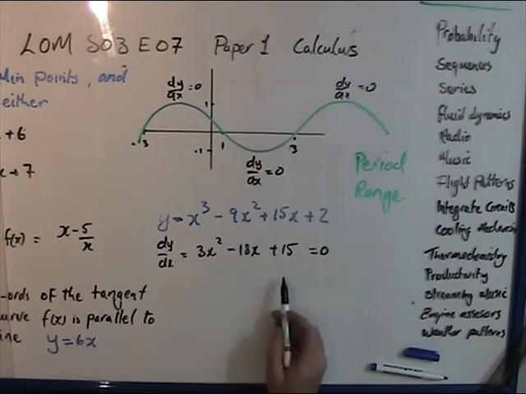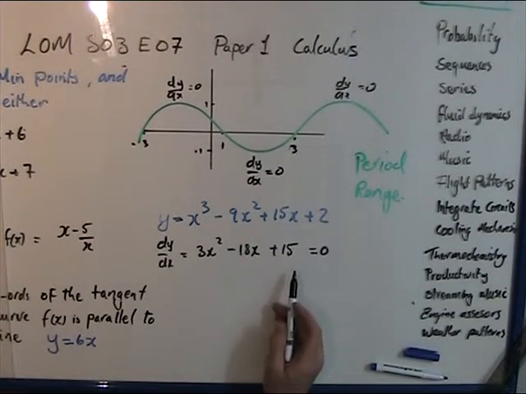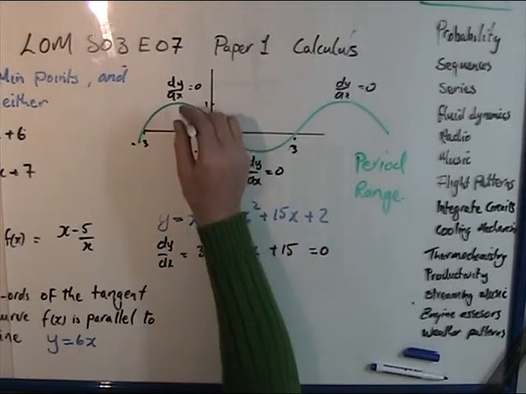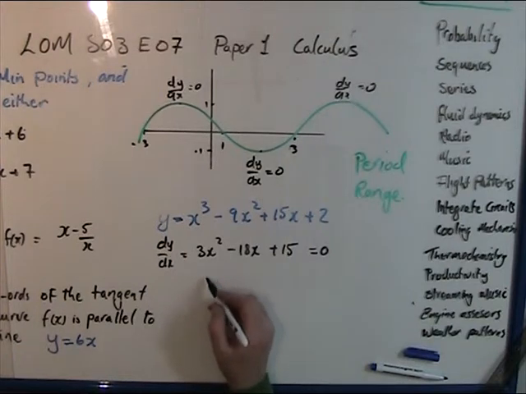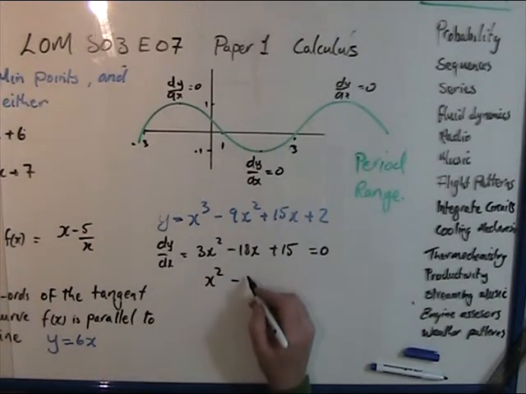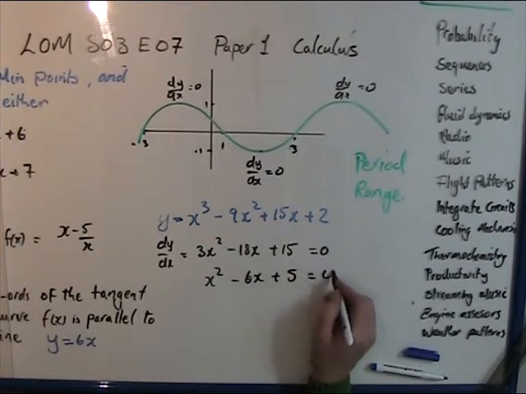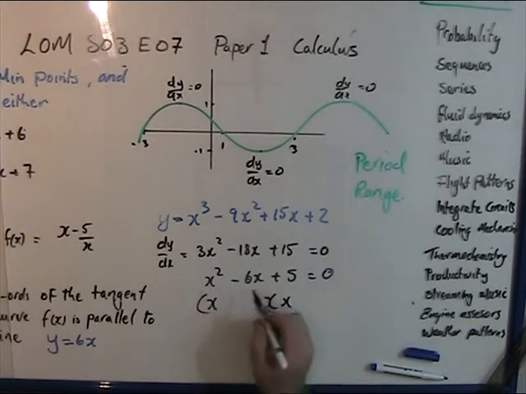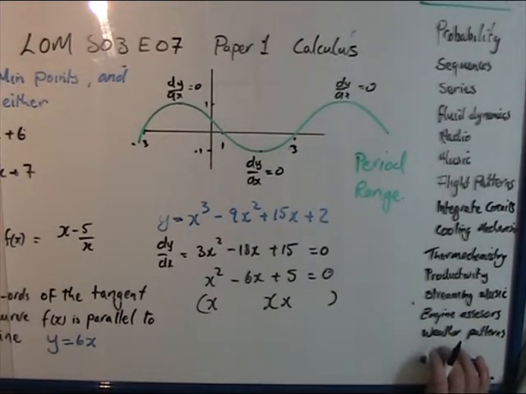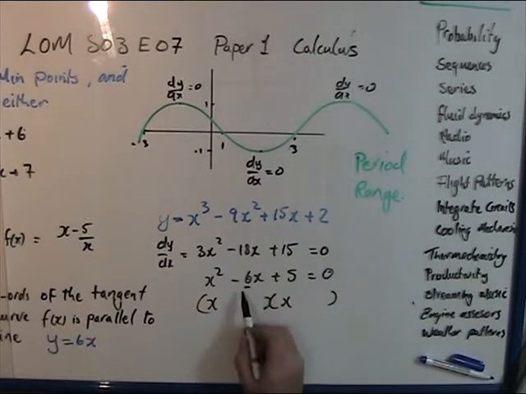So what we do here is find the values of x. Given the slope, you can find the points of x. In this case I'm going to clean this up because I can divide across by 3, and then I can factorize it. What are the factors of 5 that when added give me minus 6, the coefficient of the middle term?